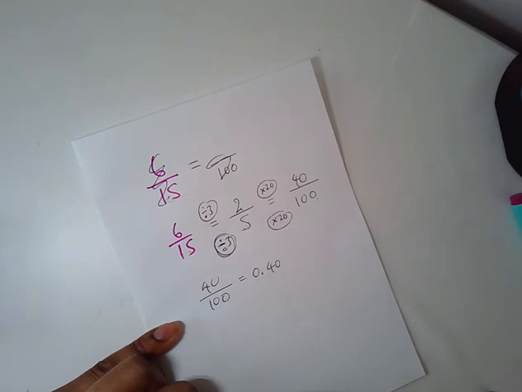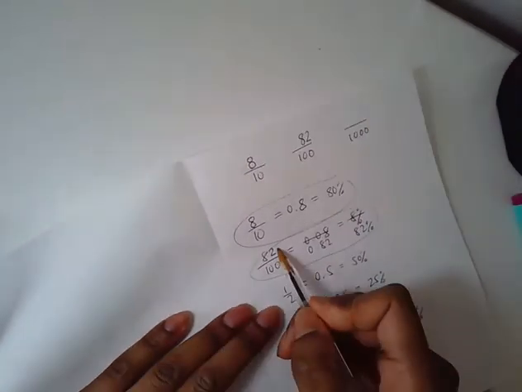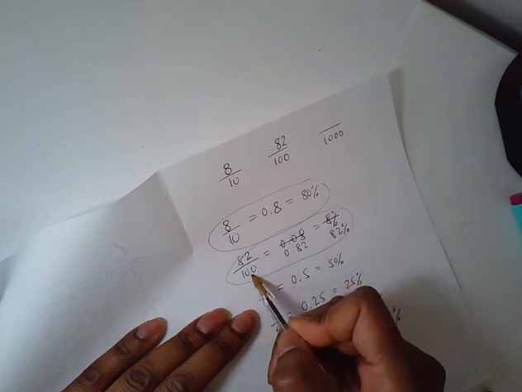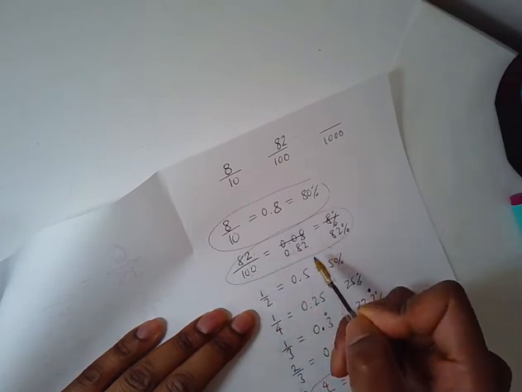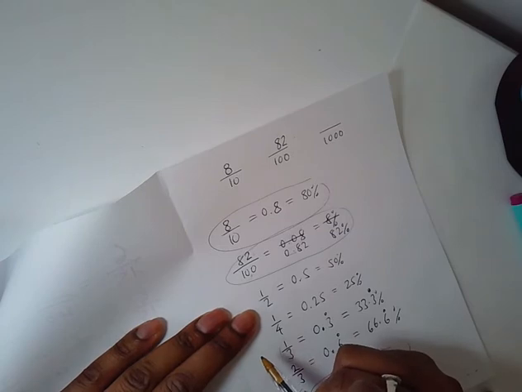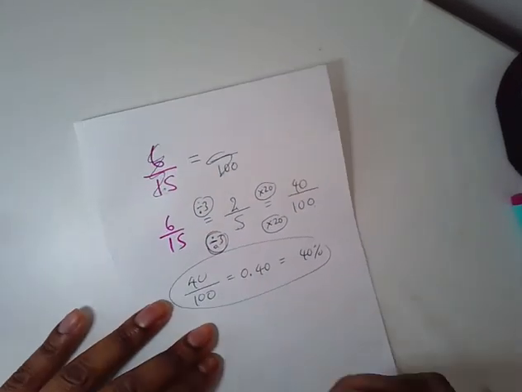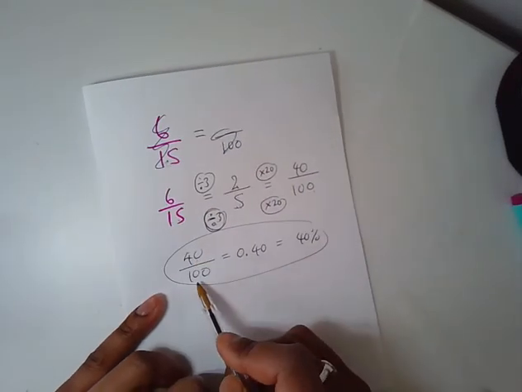That's 40%. Remember, this question here is very similar to what we had over here just a while ago. Here we had 82 out of 100 to give you these. And here we have 40 out of 100.